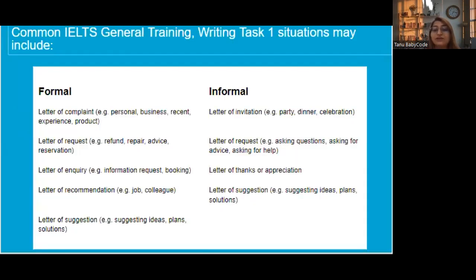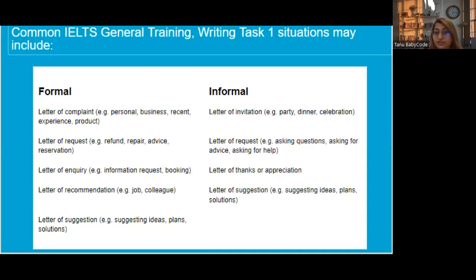Now, task one situations when it comes to formal and informal also. Formal letters: letter of complaint, personal complaint, business, recent experience, product related complaints. Letter of request, whether it's a refund, repair, advice. Letter of inquiry, information request, booking inquiry.